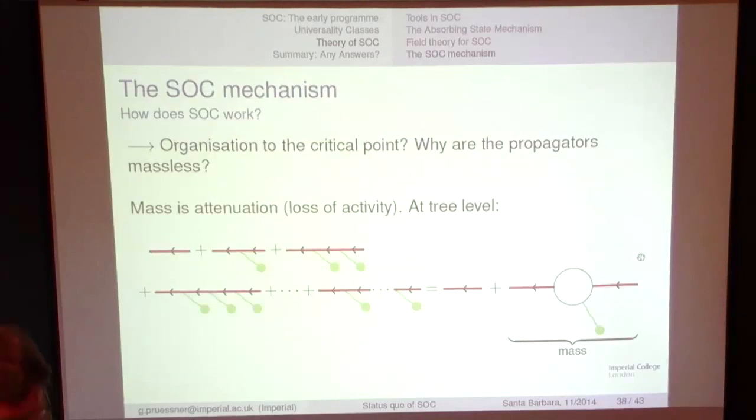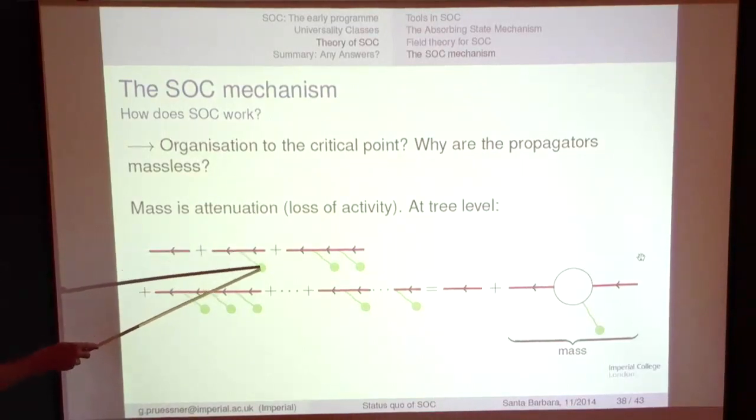So now I would like to get to the mechanism, how I think self-organized criticality comes about. If you just look at tree level, and it just generalizes to loop corrections as well, there's a very simple tree-level contribution to the bare propagator that comes from the interaction with the substrate.